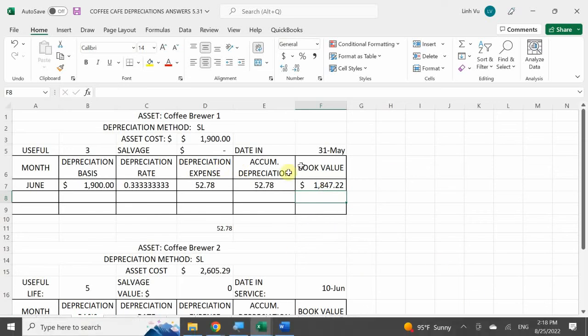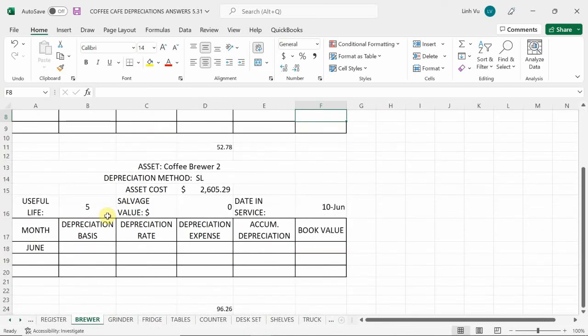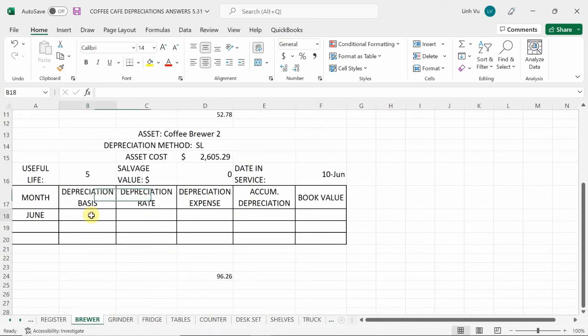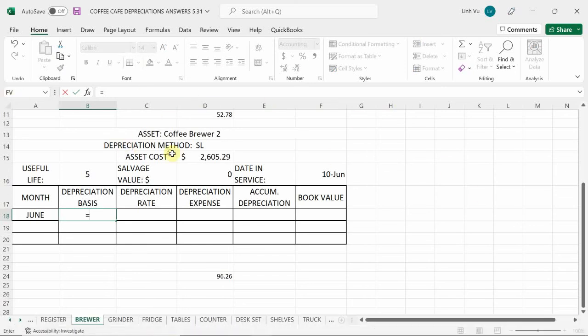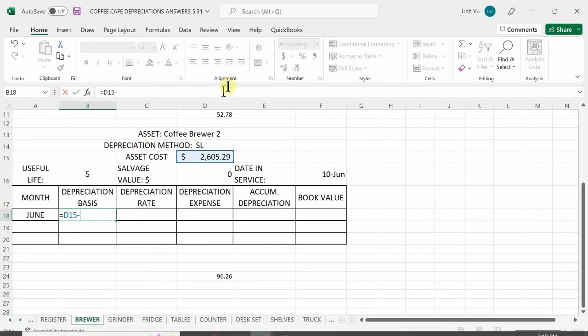Now we need to figure out what the second coffee brewer is going to be. So in this case, my depreciation basis for the second coffee brewer is 2605.29 minus 0 salvage value. Okay.